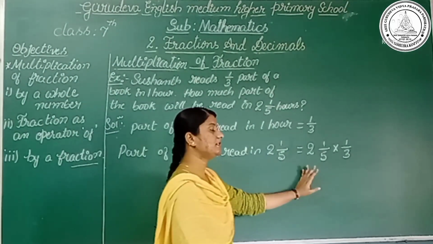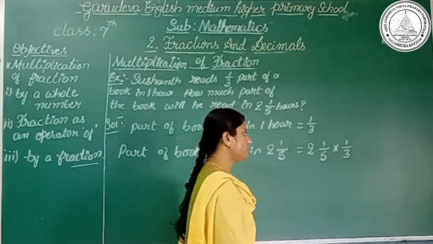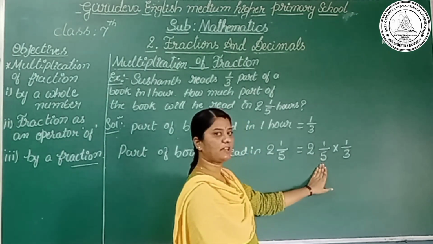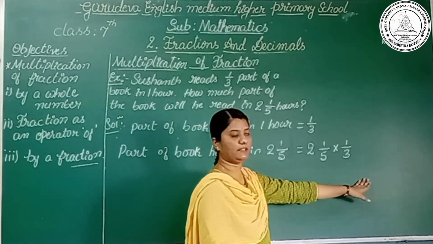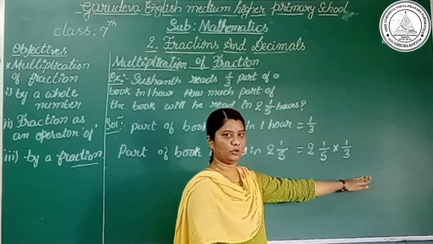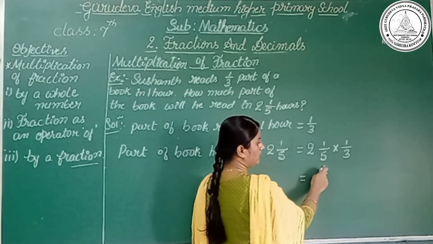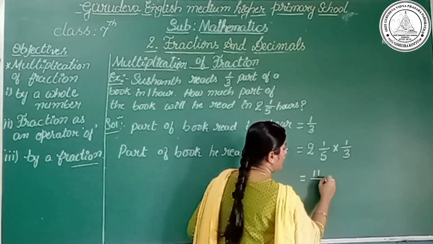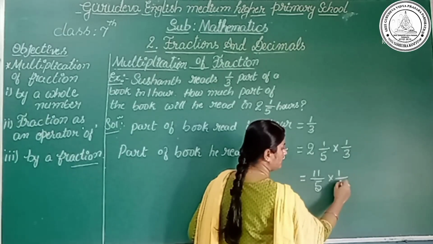So see here there is a multiplication of a mixed fraction and a proper fraction. So what do we have to do? First convert the mixed fraction into an improper fraction, and multiply the numerator with the numerator and the denominator with the denominator. Convert 2 whole 1 by 5: 5 twos are 10, 10 plus 1 is 11, so 11 by 5 into 1 by 3.